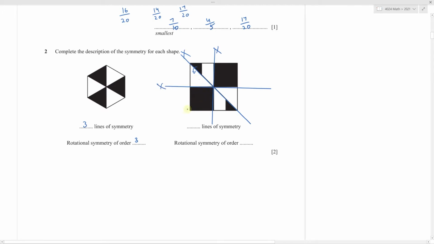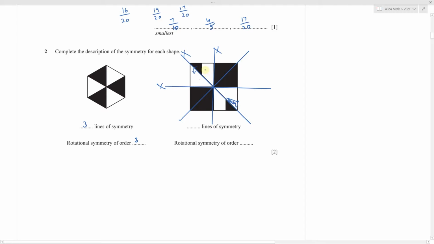Similarly, if I try to check all the other lines of symmetry that this bigger overall square has, they won't be valid with this shading that we have. So if we look at this, you have this black, this black, this black, this black. But if you look at this black on this side, the mirror image should be black on this side, something like this.